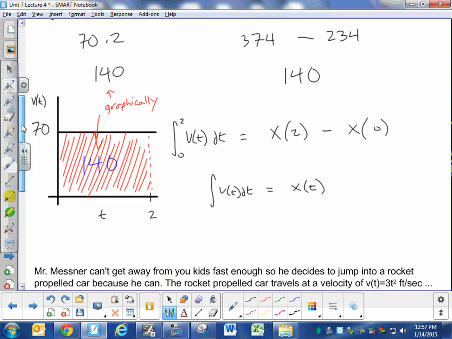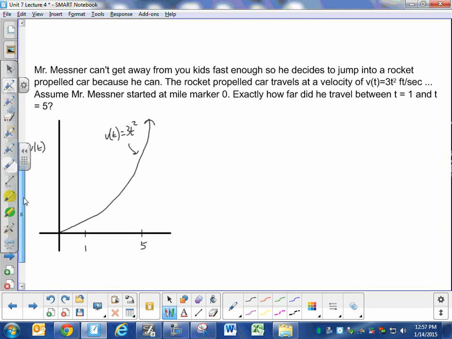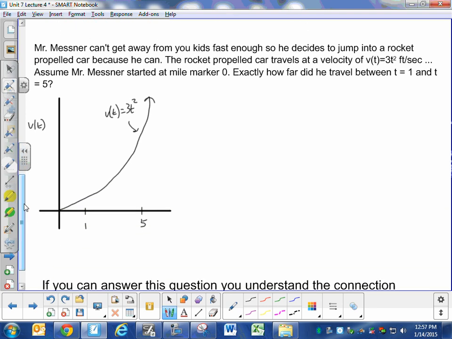Well, what if I couldn't get away from you fast enough? So I decided to jump onto a rocket-propelled car because I could. And the rocket-propelled car traveled at a velocity equal to 3t squared. So my velocity was increasing and I was accelerating, always.